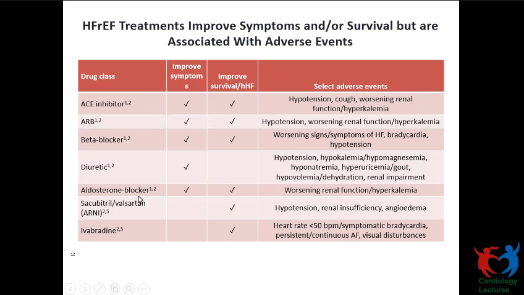Aldosterone blockers improve the symptoms, and also the survival and hospitalization for heart failure. A newer drug like ARNI, the sacubitril/valsartan combination, won't improve symptoms, but it will improve survival and hospitalization for heart failure. Ivabradine also improves survival and heart failure hospitalization.